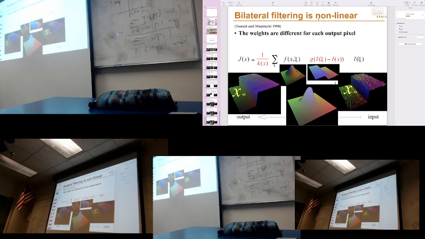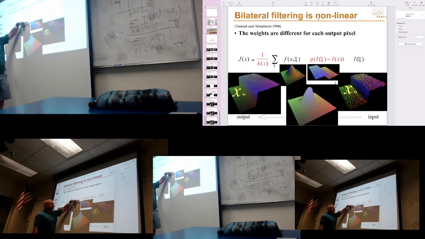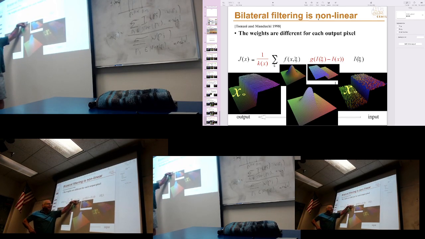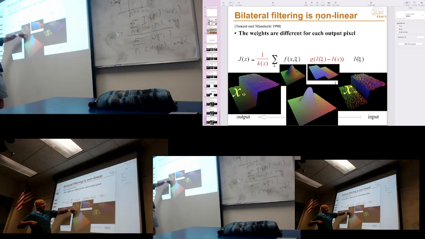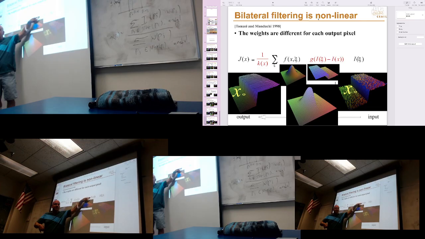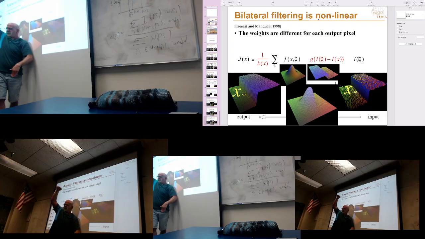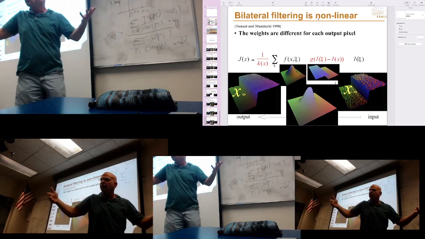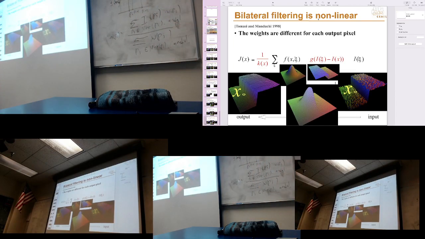That is, that you have two Gaussians involved. One Gaussian, or tent or box or pyramid, here works on the location of a pixel versus the location of pixels nearby. And this Gaussian doesn't care about the location of the pixels, but cares about the gap of the intensities between the pixels, and says pixels that are very far away in intensity, don't combine them or barely combine them in the overall weight.